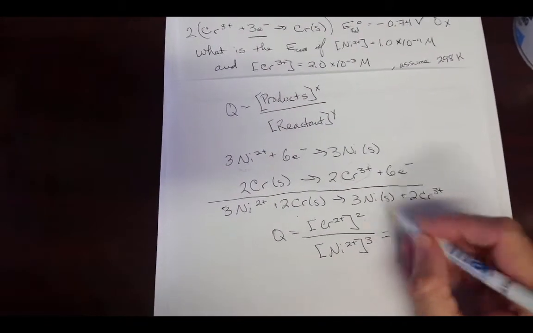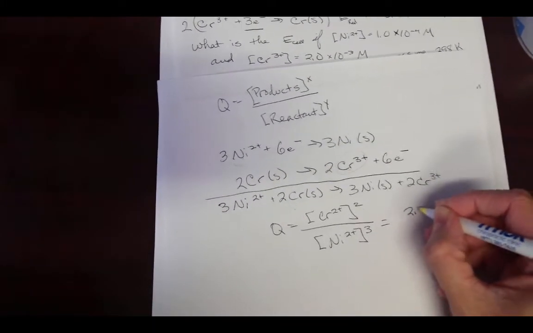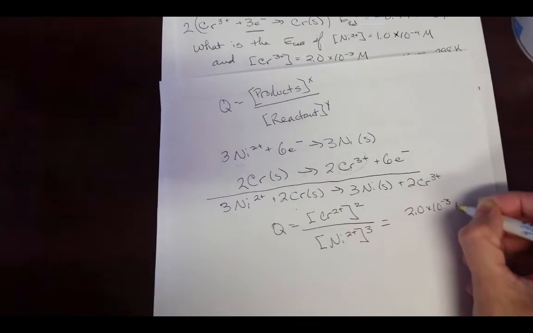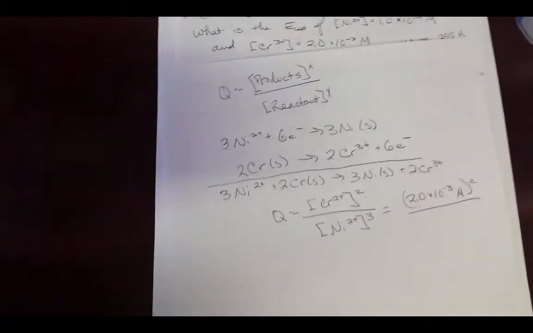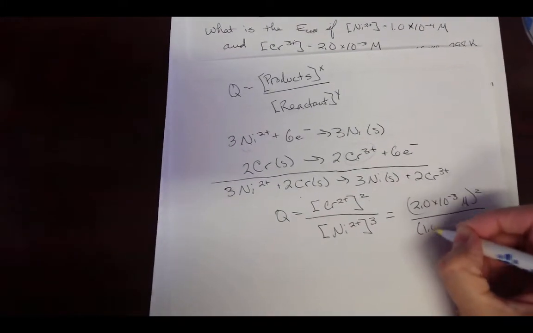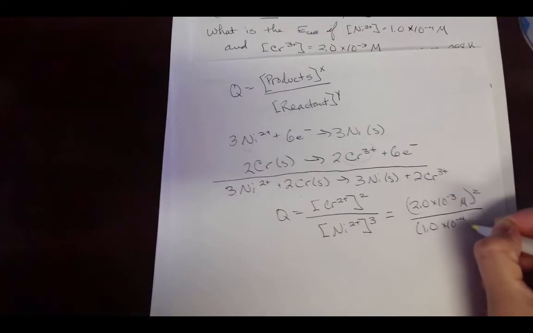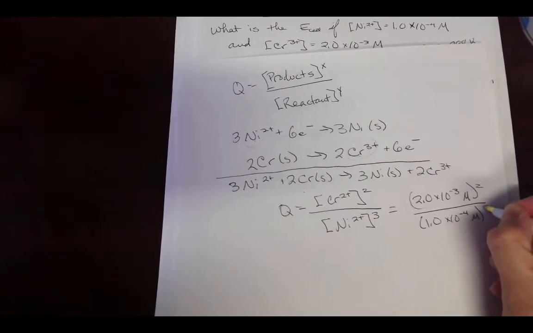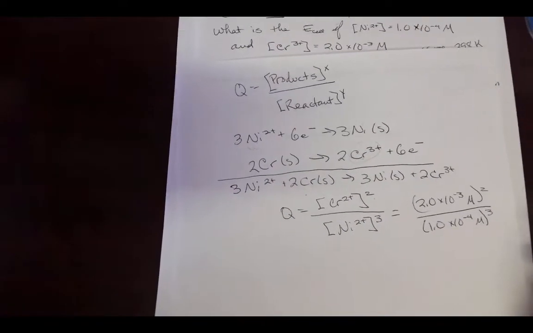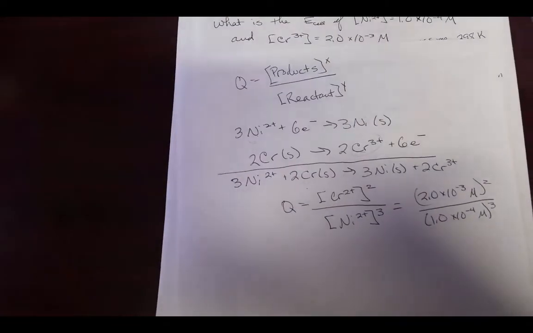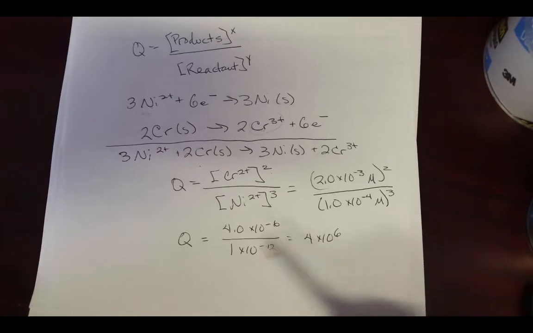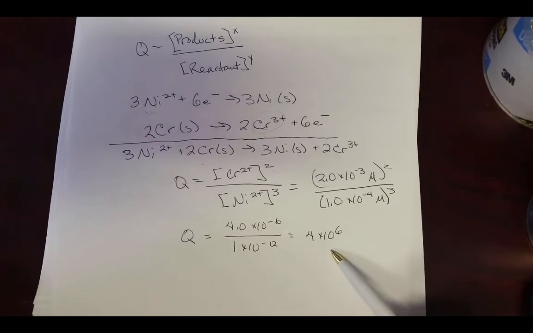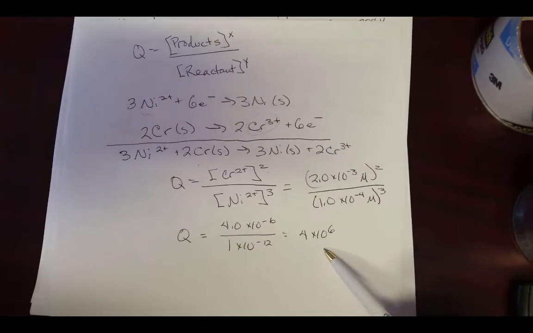For Q, I can plug in for chromium 2.0 times 10 to the negative 3 molar, from the question, all squared, divided by nickel, 1.0 times 10 to the negative 4 molar, cubed. And I can get a value for Q. After some simplification, we get a Q value of 4 times 10 to the positive 6.